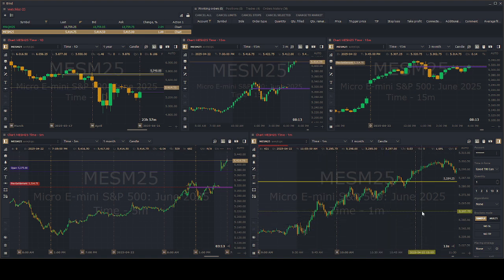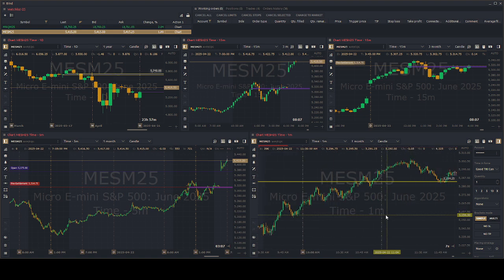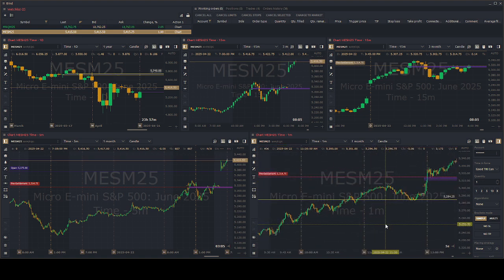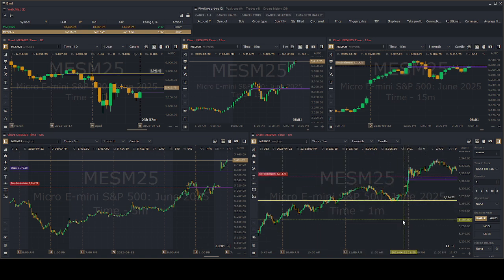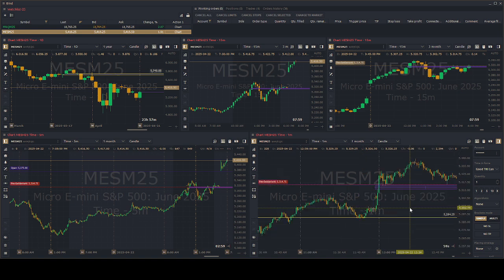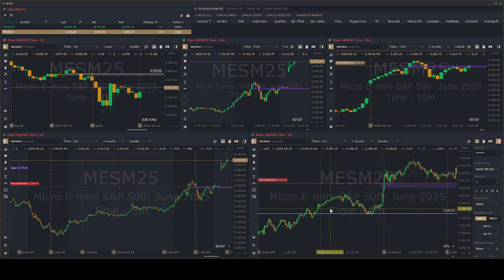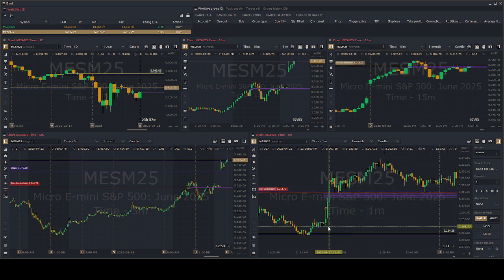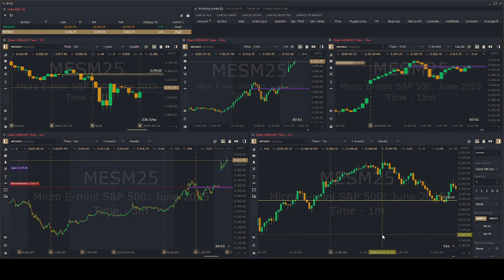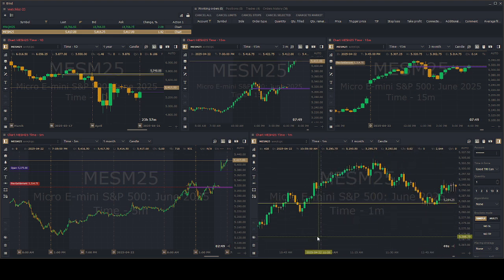Still trying to work on capitalizing on the morning session better. It's a little bit too fast for me at this point. But anyway, I was able to capitalize in the afternoon with the 2022 model, which is basically a reversal pattern.